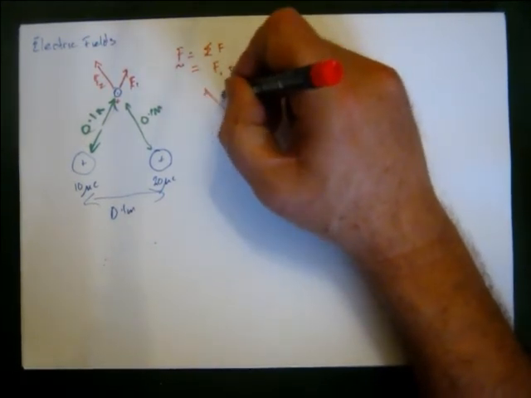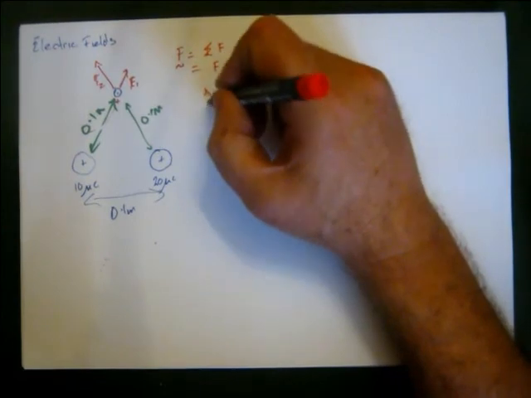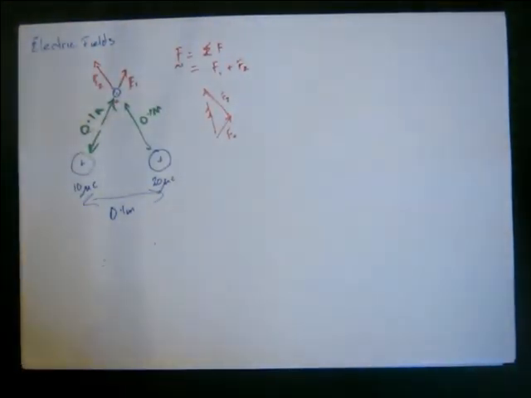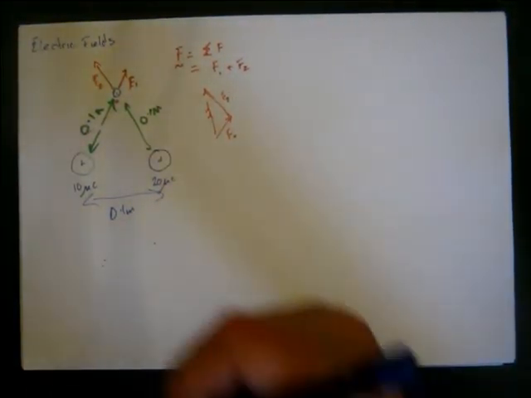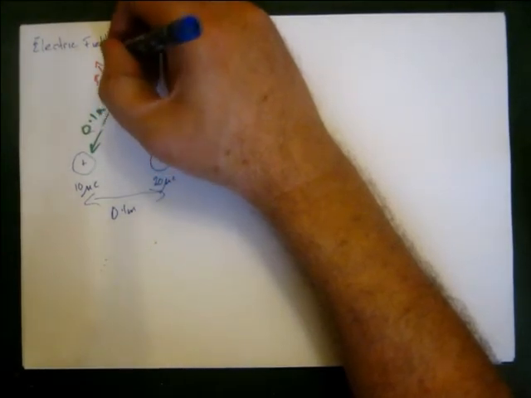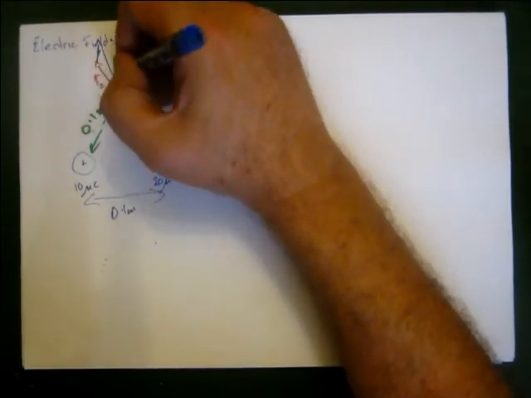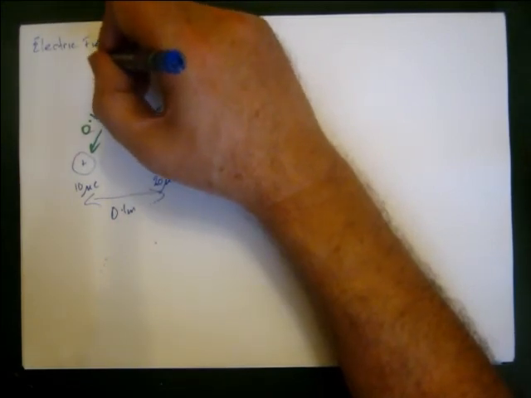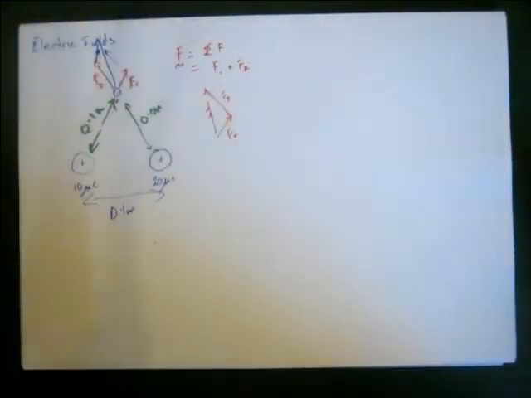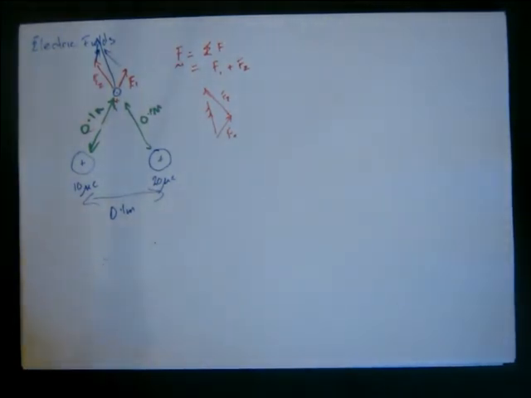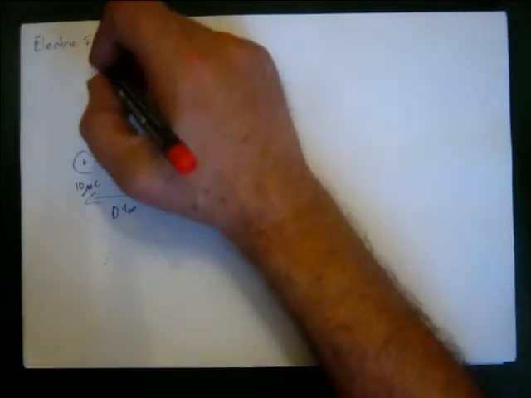F1, F2. So if we use the old classic polygon of forces, or the parallelogram of forces that they love in engineering, we can see that the actual final vector is going to be up here.